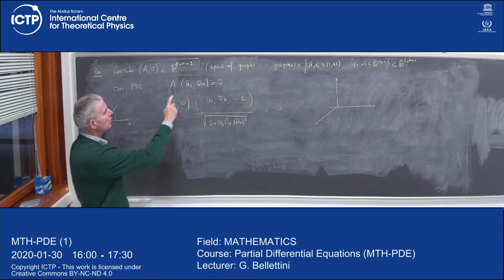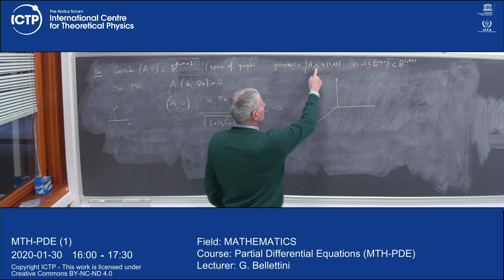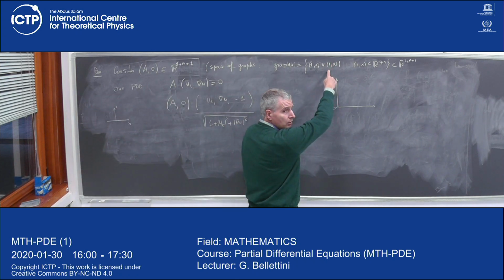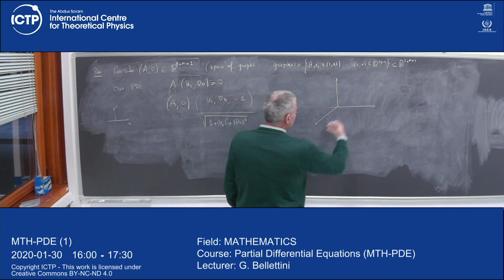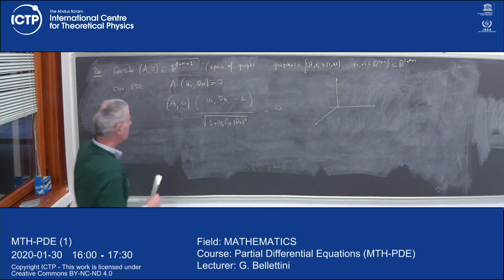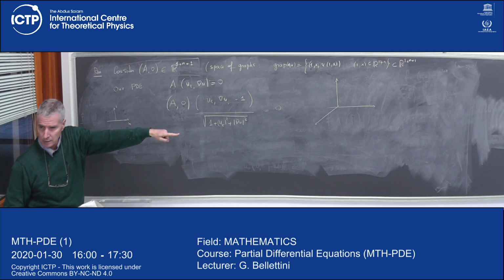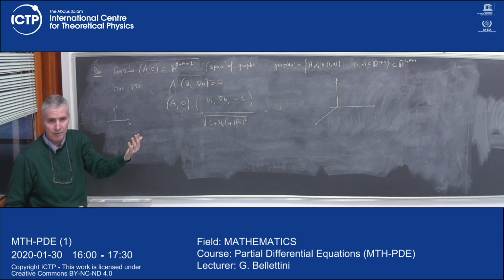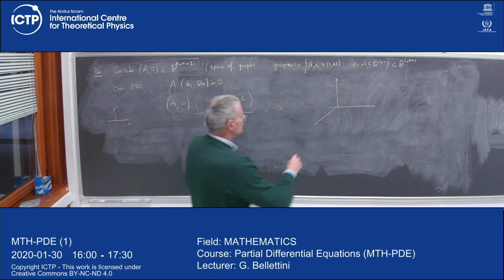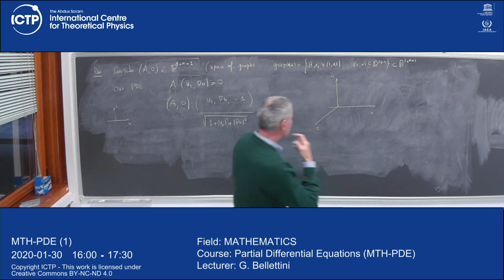Now I have also t, x, another coordinate, u of tx. So now this plane here, let me put it horizontally there, so that u of tx is the vertical coordinate, as usual when we draw graphs. So this is u, if you want, t and x. Okay.